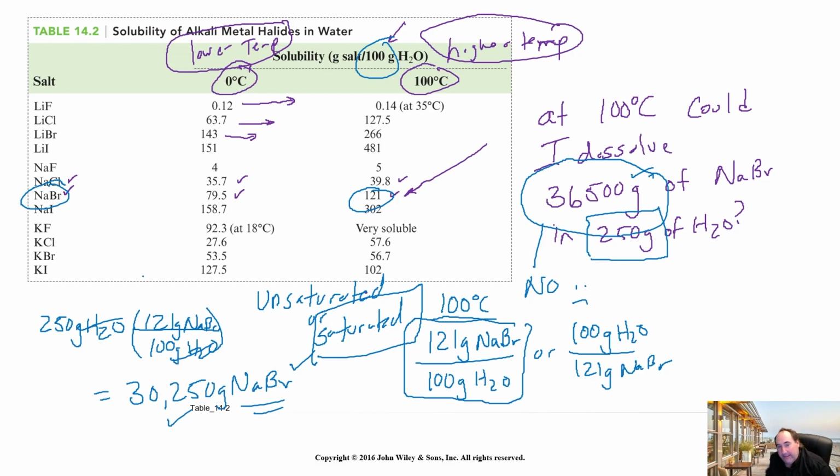So at some point, you're going to have roughly, I don't know, 625 grams of sodium bromide that's not going to dissolve at this temperature. Where's that going to end up? Well, it's going to end up at the bottom of your beaker, wherever you're trying to dissolve this. So definitely hit the saturation point and then some at this point. And that is sort of how you could use this.